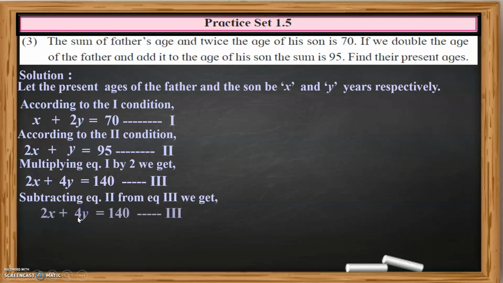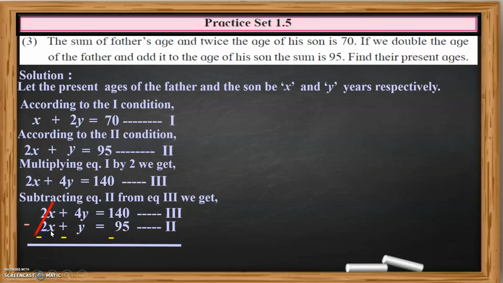So first we write equation 3. Below that I write equation 2. So 3 minus 2 I am doing. I am going to subtract. When I subtract, I need to change the signs of all the terms of the second equation.